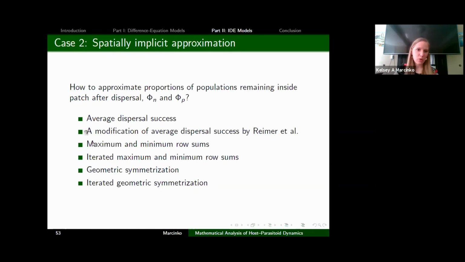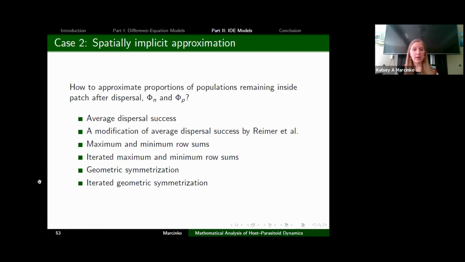Next category that I'm looking at is that of maximum and minimum row sums as estimates of bounds on the dominant eigenvalue. And there is a method that takes the initial maximum and minimum row sum estimate and iterates to get better bounds on the dominant eigenvalue.